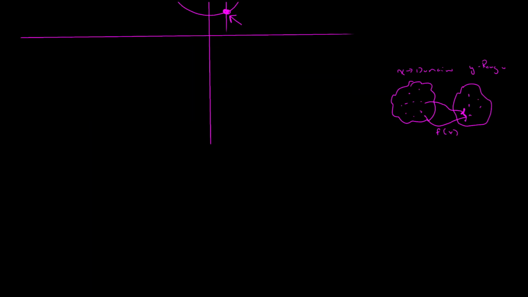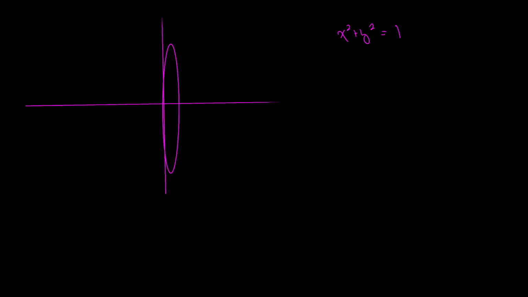So if I had some equation, and I'll make the equation x squared plus y squared equals 1, and if I were to go in and make a table of points for that, I would find that I get, let's see if I can actually draw this here. I always have a hard time drawing these. Okay.